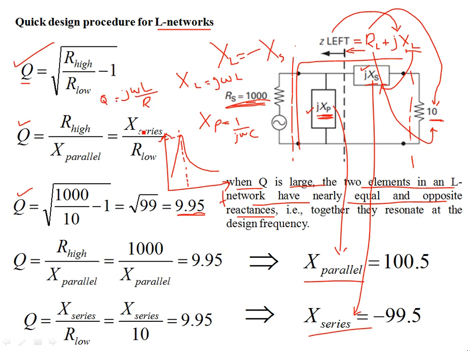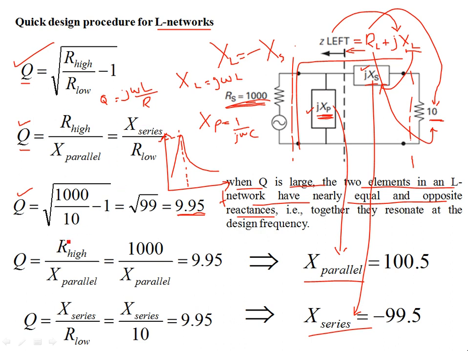So that's your reactive part over here. Again, it's the quality factor of the circuit, and it can be written for the parallel as R high over X parallel. So it's just the reciprocal, the quality factor of the parallel resonant circuit relates reciprocally to the series quality factor.